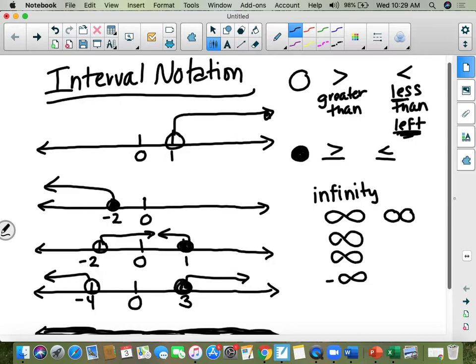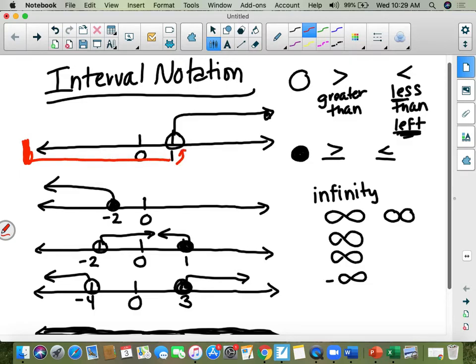So how do you write the first number line in interval notation? This is what you do. You always read a number line from left to right, just like you read a book from left to right. So I'm over here, and I'm going to scan this number line until I get to the first answer. My first answer starts at 1.